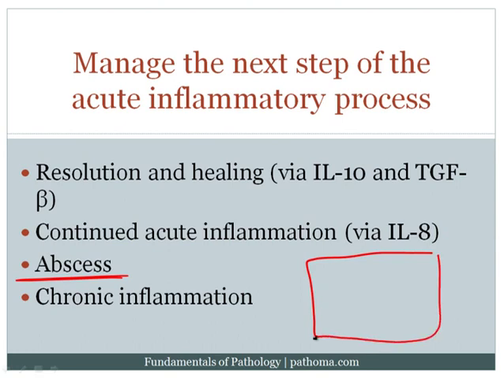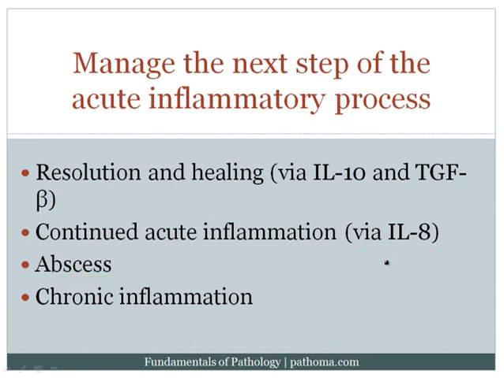And so what the macrophages can do is they can create a wall of fibrosis around the area of infection, so that the inflammation sort of gets trapped within this space. And that would be called an abscess. An abscess is basically a walled-off area of acute inflammation. And the neutrophils are really the ones that manage the formation of an abscess, and they would form an abscess in response to very particular organisms, as you're well aware of.